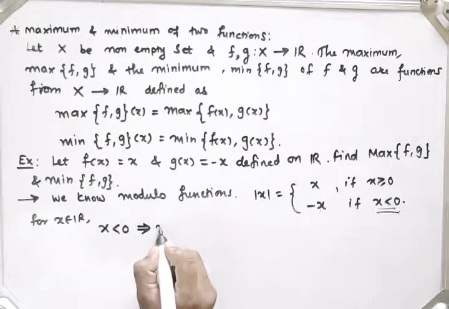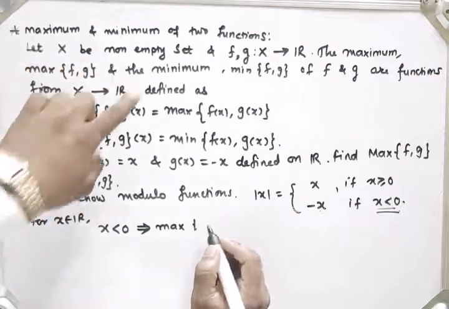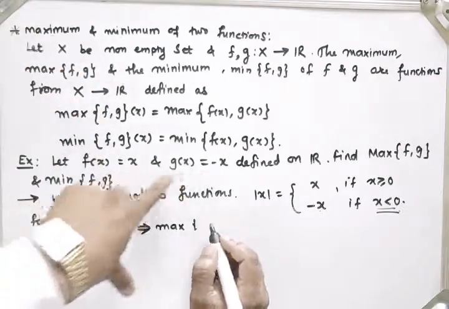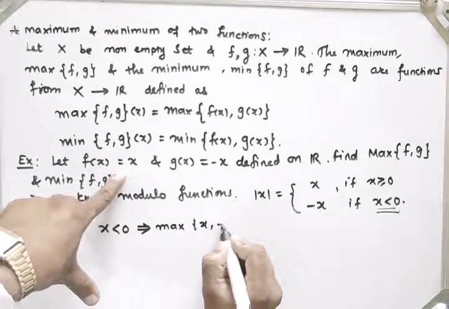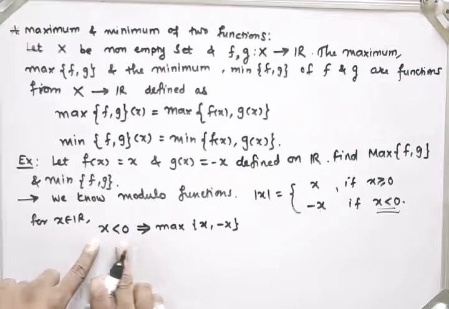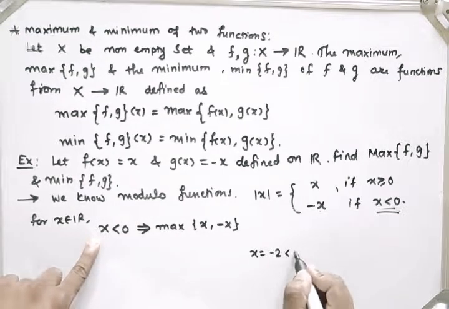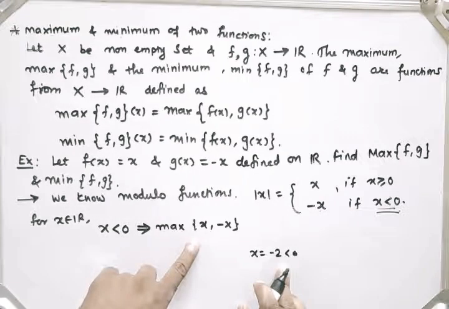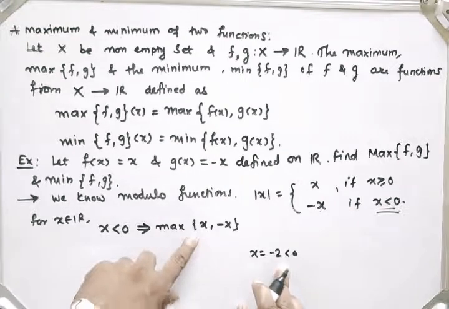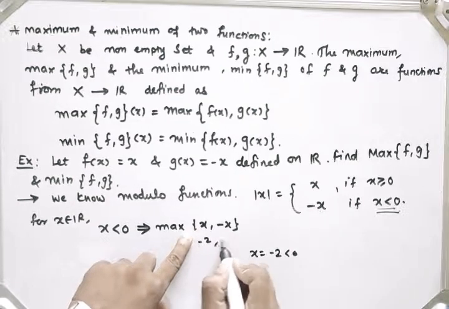So the maximum of the functions, what are the functions? f is X and g is minus X. So if X is negative, X less than 0, suppose I put X equal to minus 2, which is less than 0. What is the function here? Maximum of X and minus X. The value of X is minus 2, so here minus 2, and here minus of minus 2 means 2.